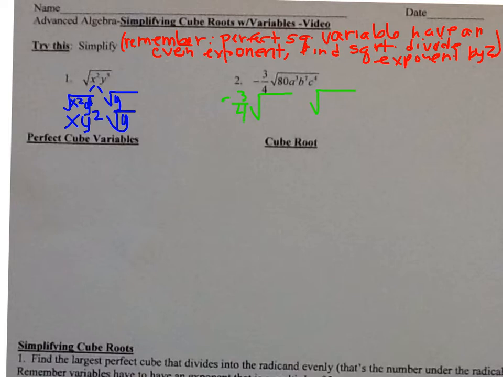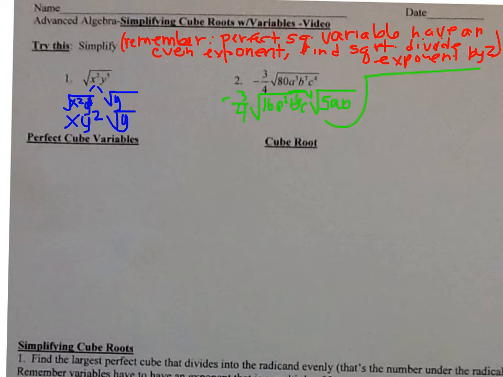All right, the perfect square that goes into 80 is 16 times 5. A to the third, the perfect square would be a to the second, and a on the right side, that gives me a to the third. B to the seventh, the perfect square would be b to the sixth, and b. And then we have c to the fourth. That's actually a perfect square because there's an even exponent, so we'll put c to the fourth over there on the left. So now let's simplify that.